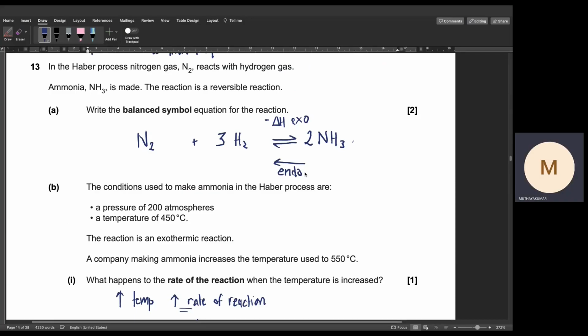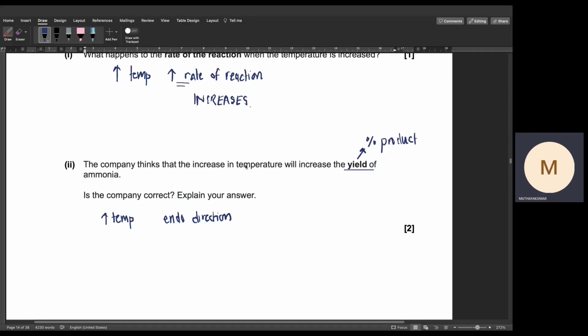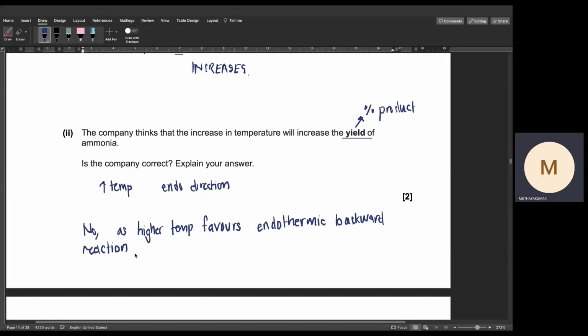And if we go backwards, we are reducing the amount of product and increasing the amount of reactants. So this statement is incorrect. The company is not correct, as higher temperatures favor the endothermic backwards reaction. This shift to the left-hand side will reduce the yield of ammonia.